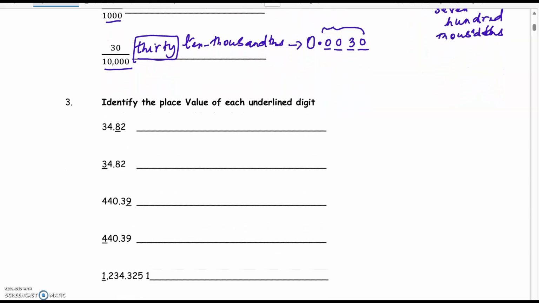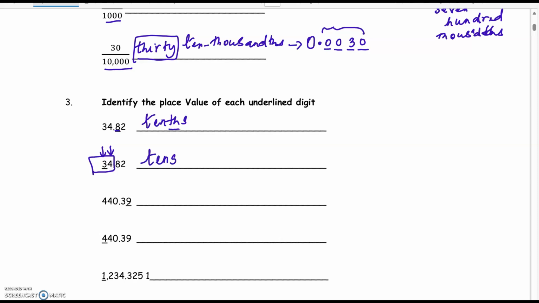So this is in the decimal place value. So it's the first number after the decimal point. So it is tenths. This is in the whole number part of the number. And if you read, the 4 sits in the ones place and the 3 sits in the tens place.